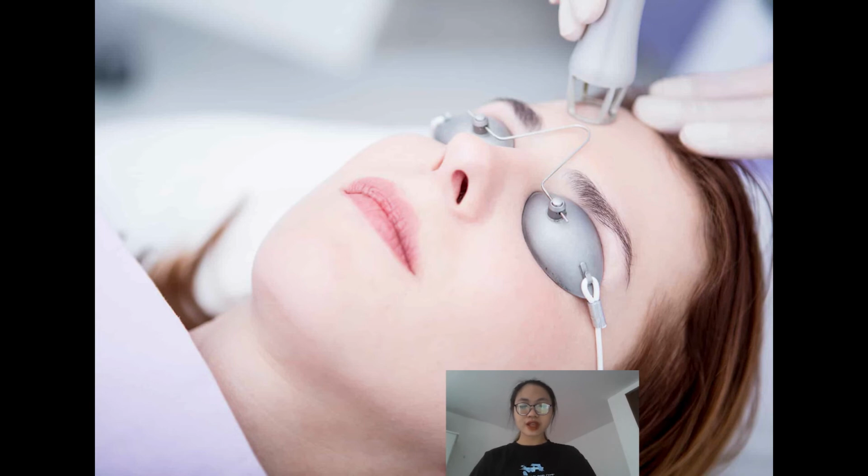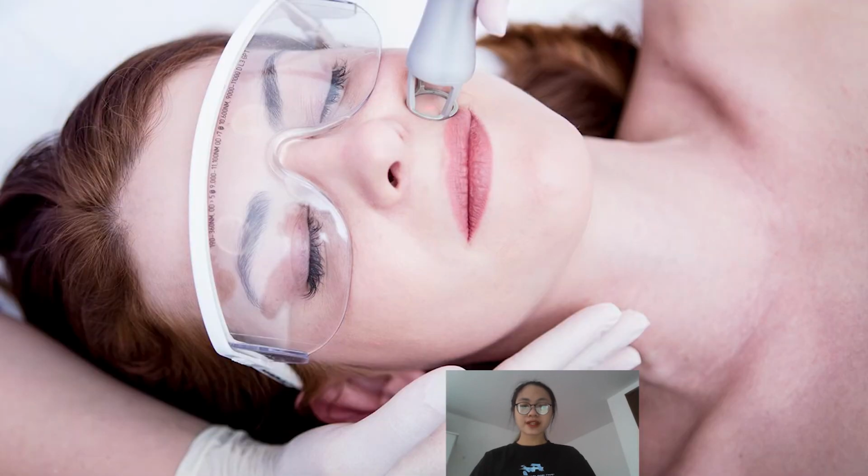The YAG laser has a wavelength of 2,940 nm and its target chromophore is water, similar to the carbon dioxide laser.